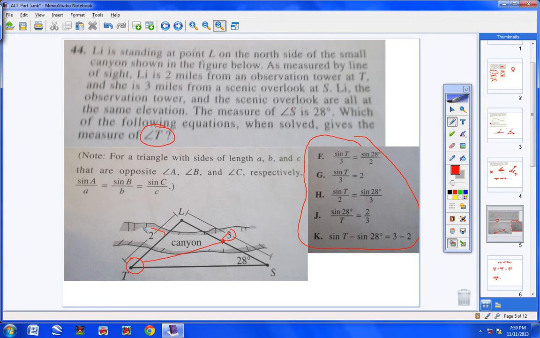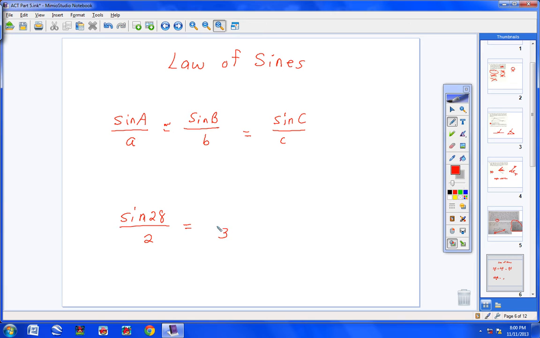So just like the 2 and the 28 went together like that, T and this side over here go together. So I'm looking for angle T, and I'm going to use side 3 to help me. So I'm going to say side 3 over, now it's angle T, so I'm going to take the sine of angle what? T. Now again, if you've not had law of sines, you're going to be pretty confused.